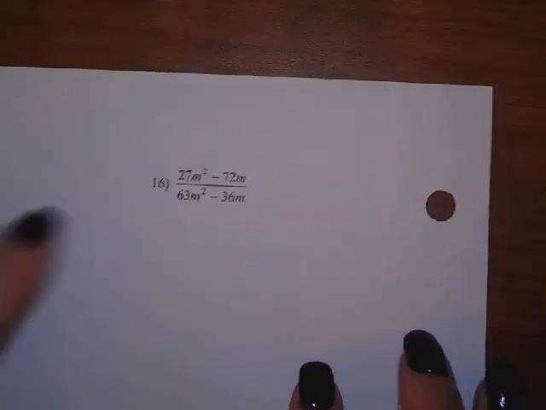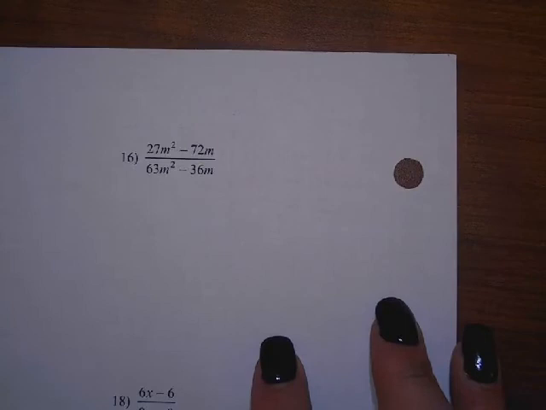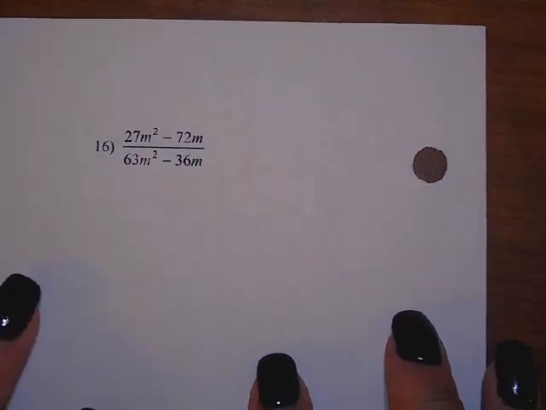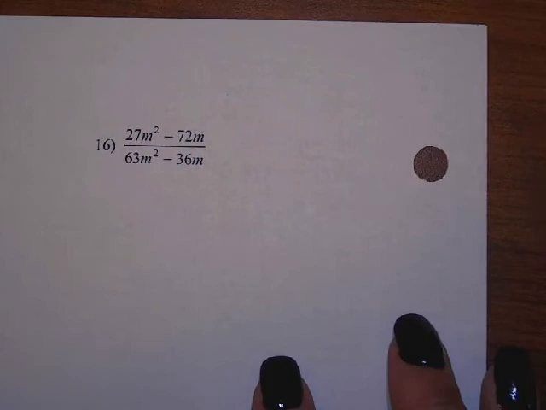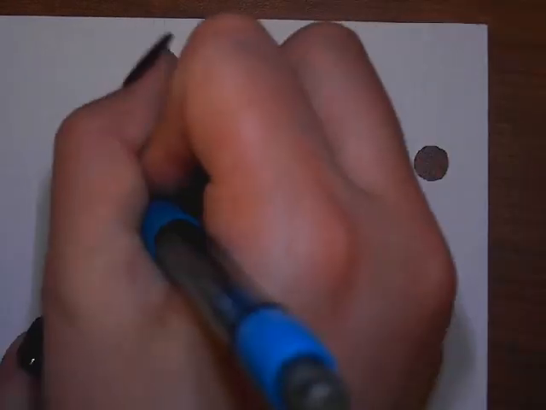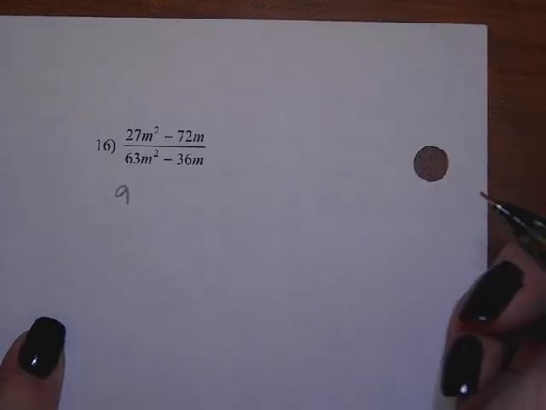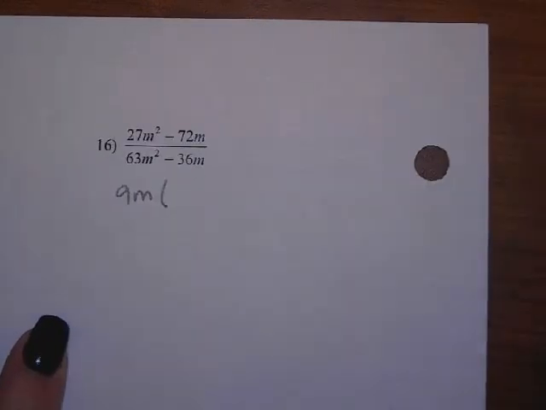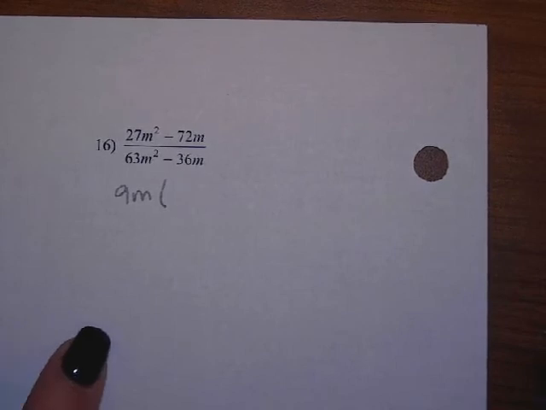Let's look at number 16 because there's some big numbers there. All right, so it's written as a fraction. It's in descending order. It is not factored, so that's what I need to do. What type of factoring is it? GCF. And what's the GCF? 9M. And then 3M minus 8.